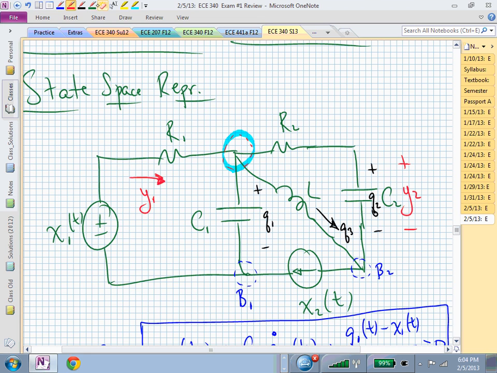So what we should do is we can now come over here and write a KVL around this branch because we need a Q sub 3 dot equation.